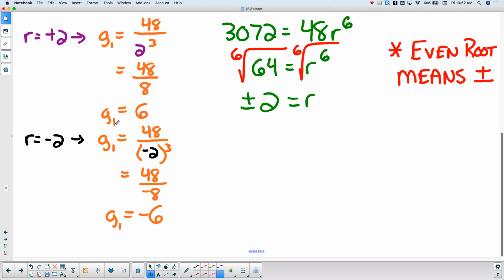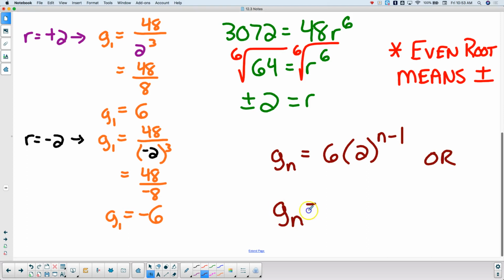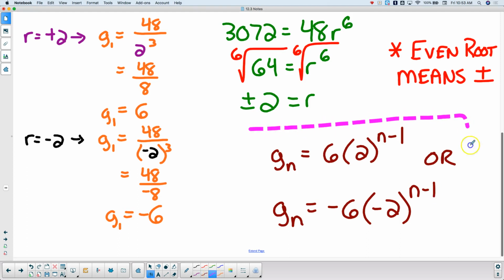So I get 2 different rules here. One rule would be g sub n equals 6 times positive 2 to the n minus 1, or g sub n equals negative 6 times negative 2 to the n minus 1 power.